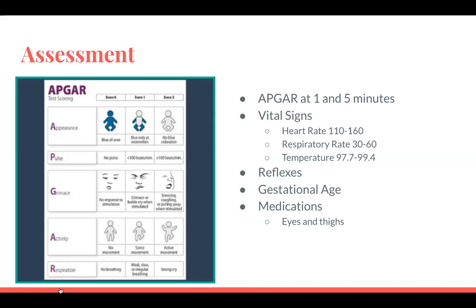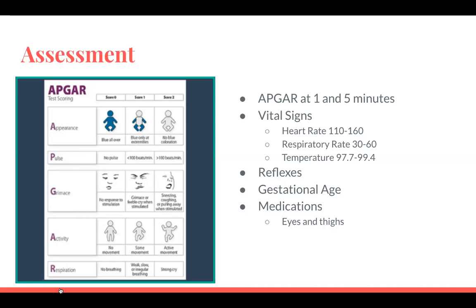Be aware of the reflexes. If you want to go over them, I can go over them in the Zoom later. But other than that, we have the Moro, Babinski, rooting, the tonic neck, palmar grasp, plantar, stepping. Just be aware of those.